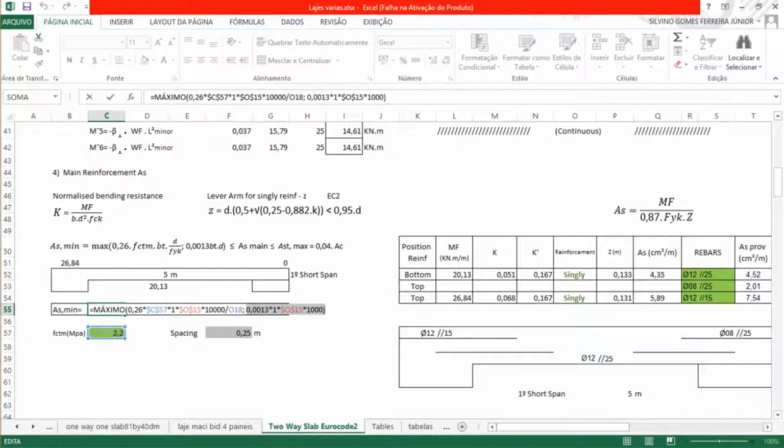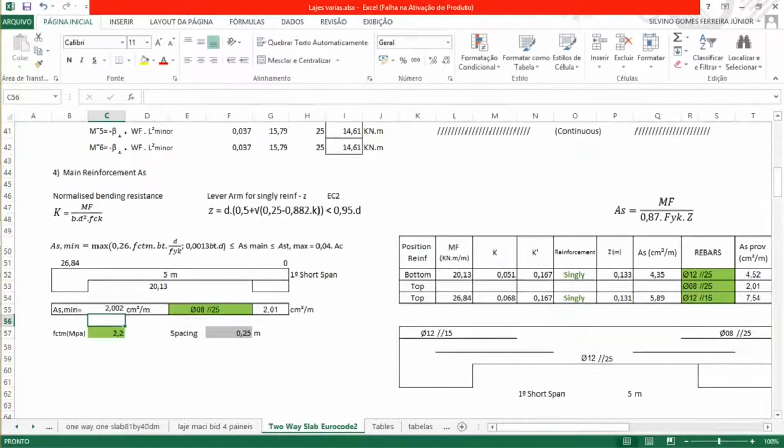We check 0.0013 multiplied by b, that is 1, multiplied by d, of course in the same units. And the maximum between these two will be 2.002 square centimeters per meter, the minimum reinforcement.